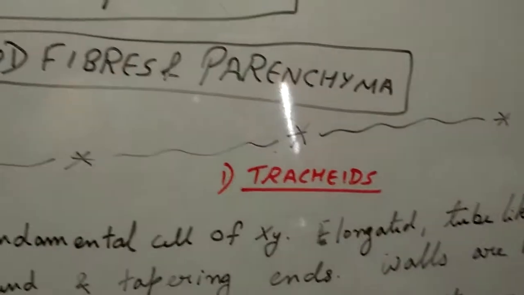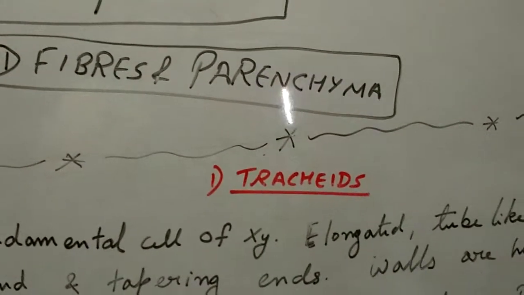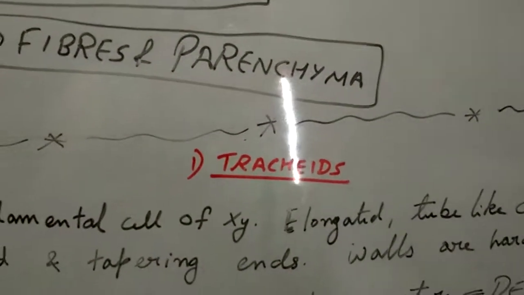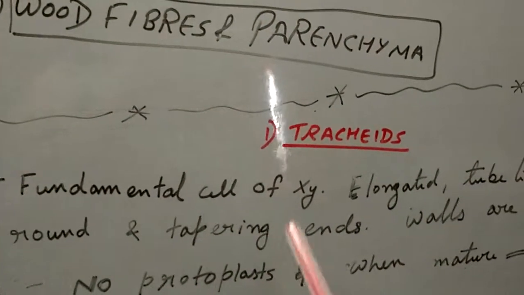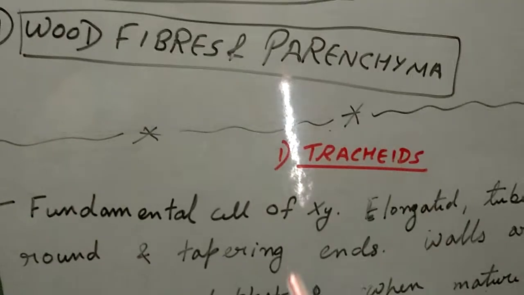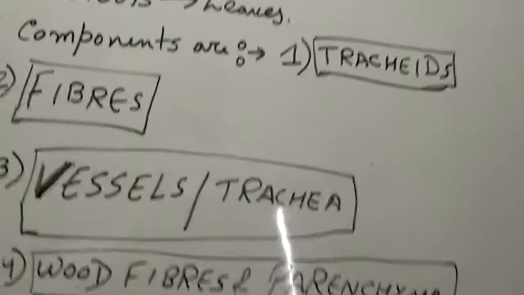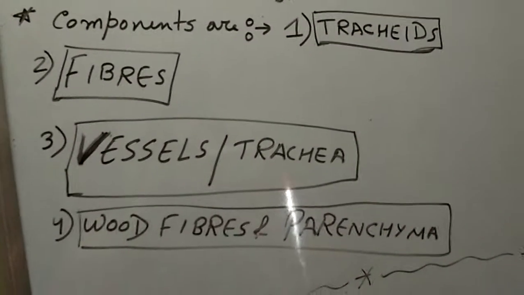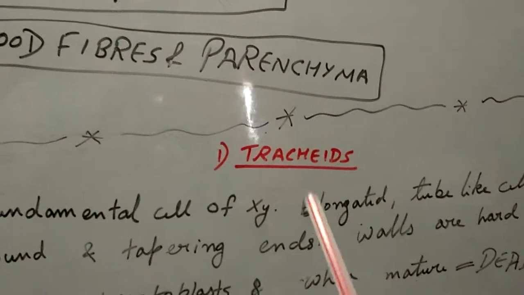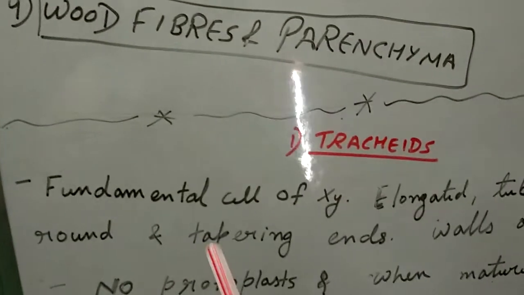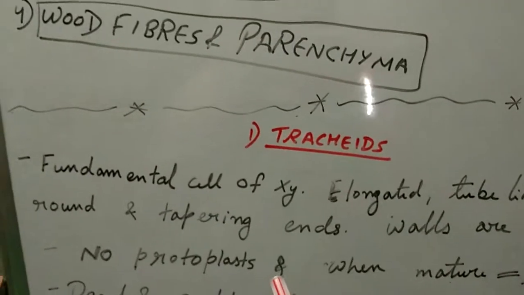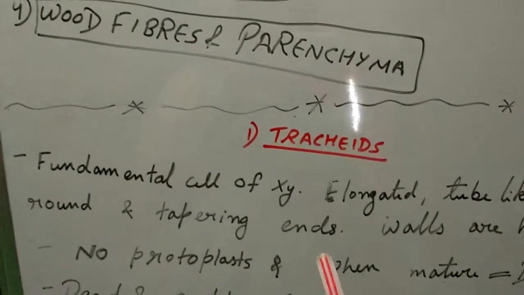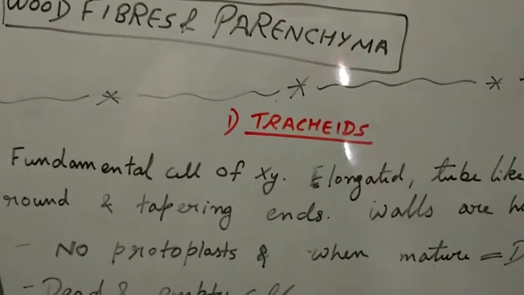Now here comes the first component, tracheid. Tracheids are the fundamental cells of xylem. Xylem has these components, but tracheids are the fundamental components, forming the basic building block of the xylem element.